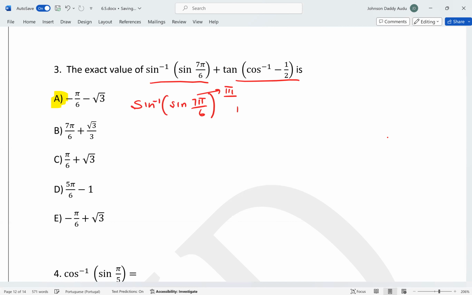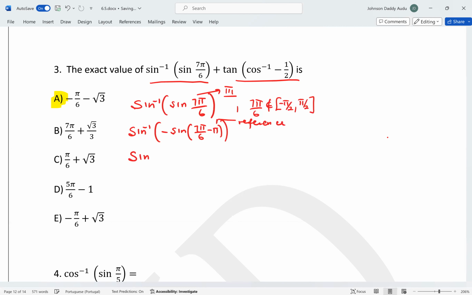Since it's in quadrant 3, but first of all, you need to see that this number is not inside this interval. So if we use quadrants, this will become sine inverse of minus, because we're in the third quadrant, and this will be minus pi. So here we use the reference as well.